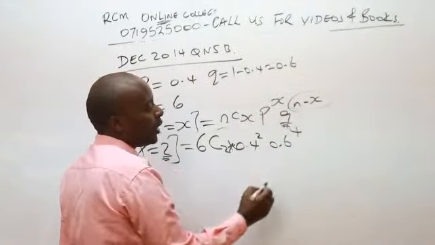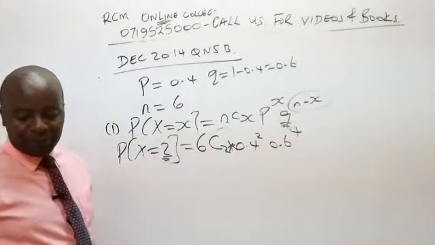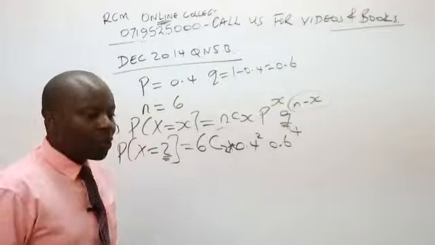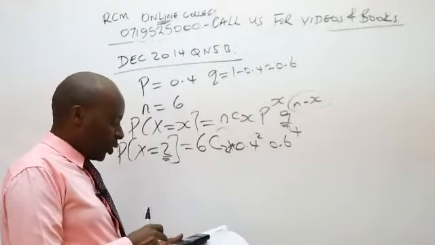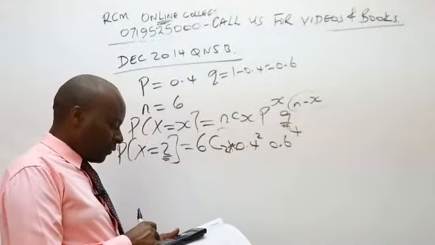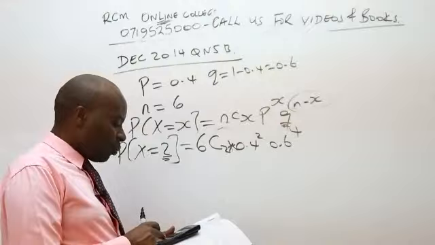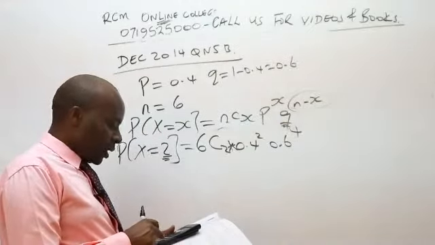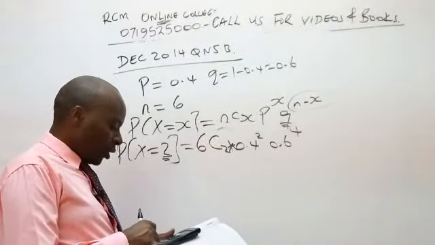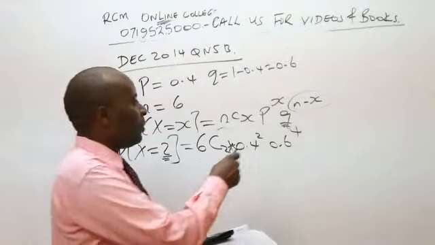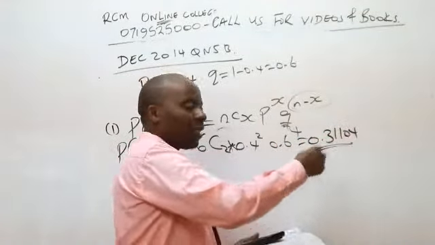The balancing power here will be 4, given that the 2 powers must add up to 6. So we have 6 combinations 2 times 0.4 raised to power 2 times 0.6 raised to power 4. At the end of the day this gives me 0.31104. That is the answer.